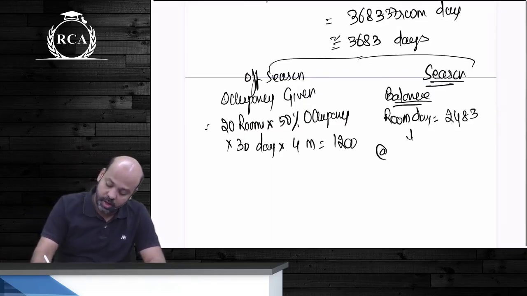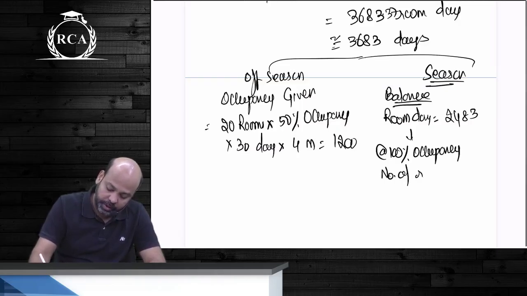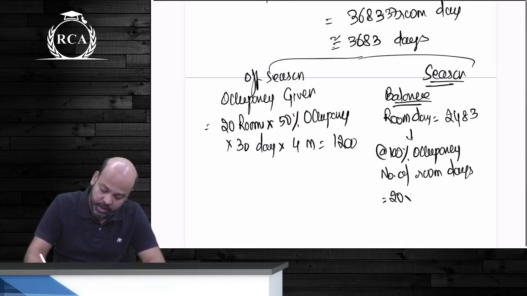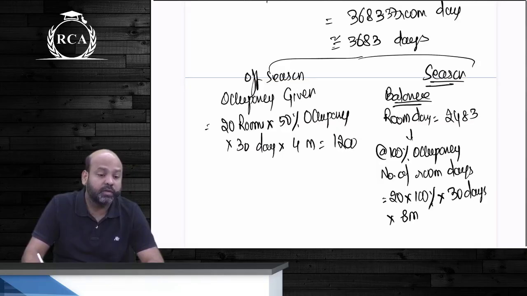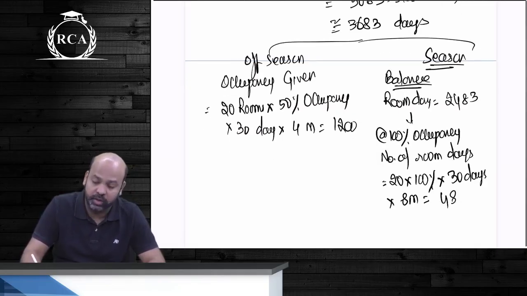2483, guys. At 100% occupancy, better, number of room days would be 20 multiplied by 100% multiplied by 30 days multiplied by 8 months. 4800.